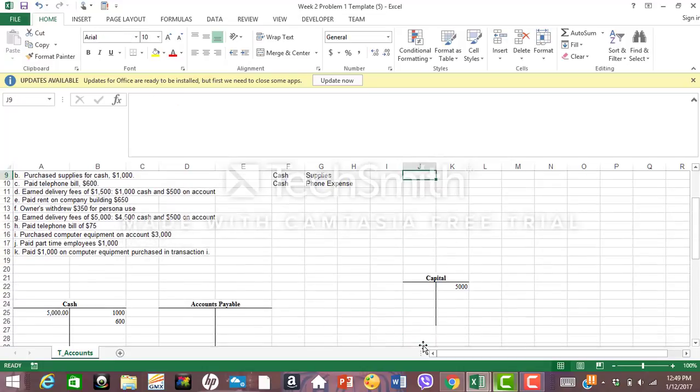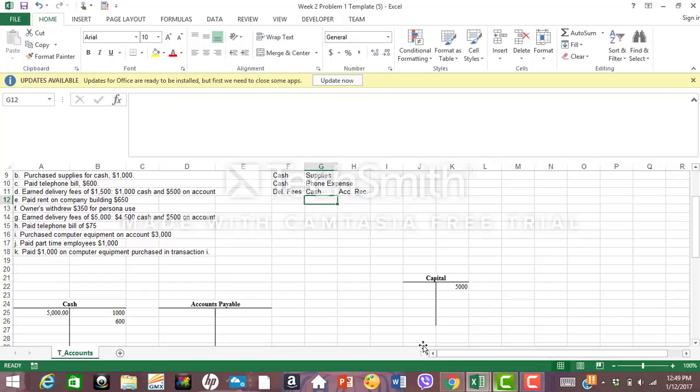The next transaction is earn delivery fees for $1,500. Delivery fees are revenue. We received $1,000 in cash, and the rest on account receivables.